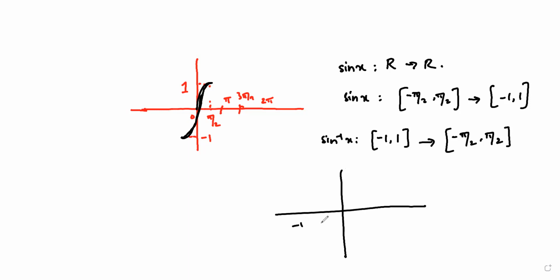This is minus pi by 2, 0, pi by 2 and 1. So sine 0 is 0. So sine inverse of 0 is also 0. Sine pi by 6 is 1 by 2. So sine inverse of 1 by 2 is pi by 6. Right? So this is how my graph will look.